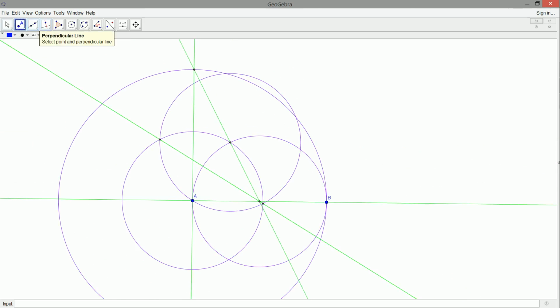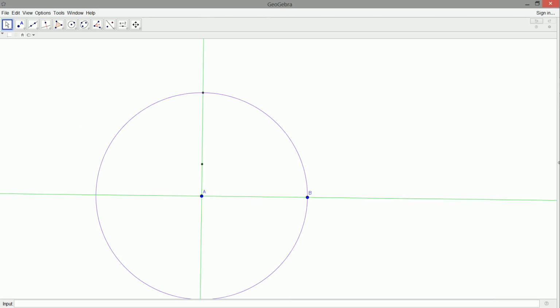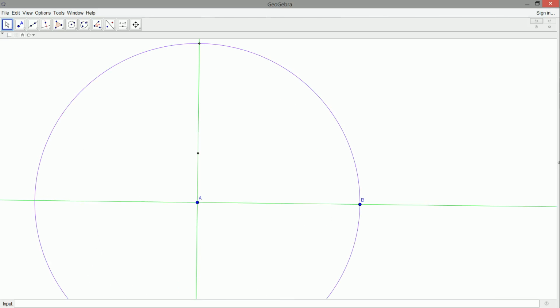Okay, so we get a nice intersection point between the vertical radius and this bisected angle here. And what are we going to do? Well, let's clean things up a little bit, because we're almost done actually. All we really need to do is now get a horizontal line going through this point. Okay, well, how do we do that?